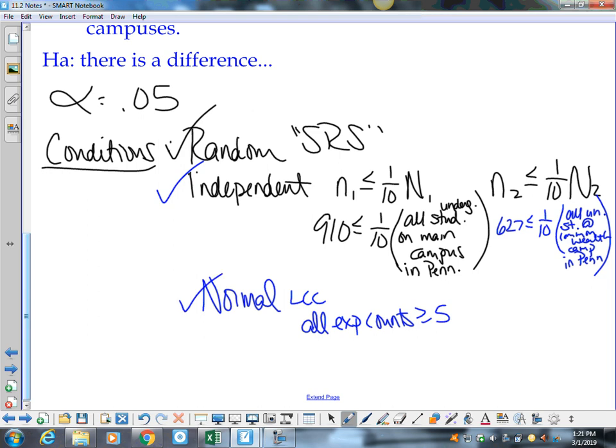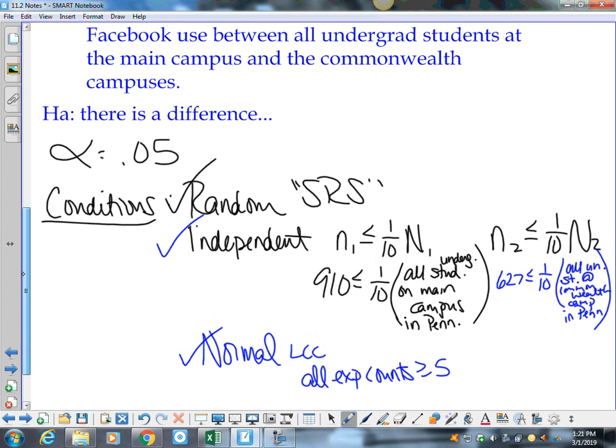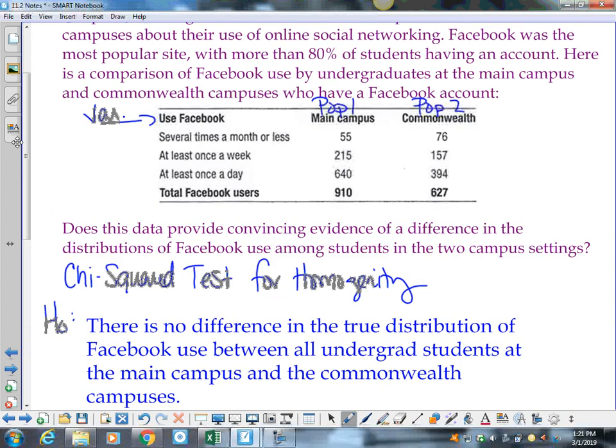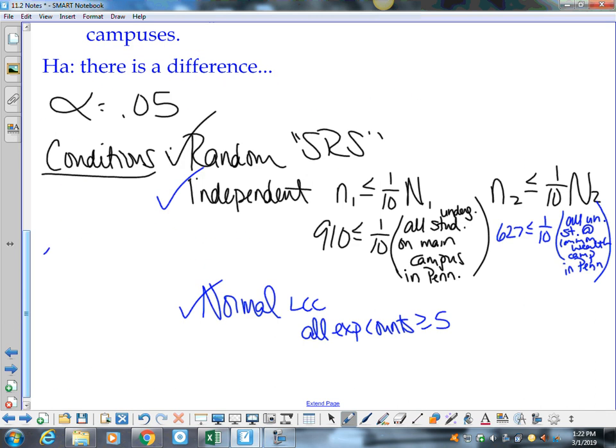And I'm going to put a check mark, but that's going to remind me, oh yeah, I got to go find them. So then I'm going to creep back up here. But then I'm going to think, okay, wait, hold on, I'm using a formula. If I'm going to use a formula, I need to write that formula down. So I'm going to come back down here and write expected counts equals. How do I find it?